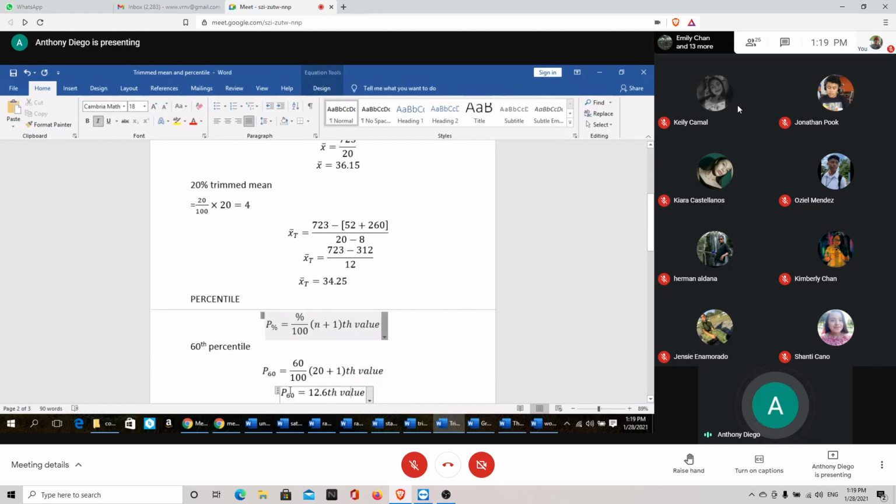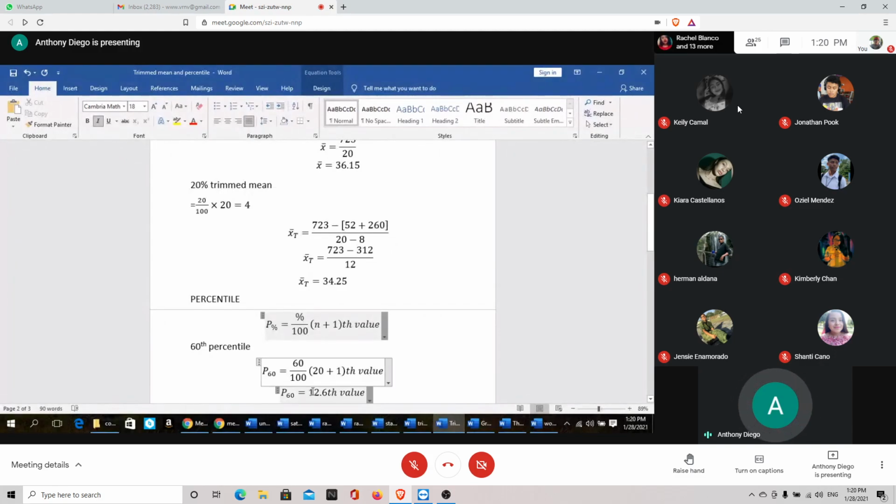So if they ask you to find the 60th percentile for that set of 20 observations, then P60 is equal to 60 over 100 in bracket 20 plus 1. We do the same calculation, so that will be the 12.6 value, which means we're going to be taking the 12th and the 13th value and dividing by 2.